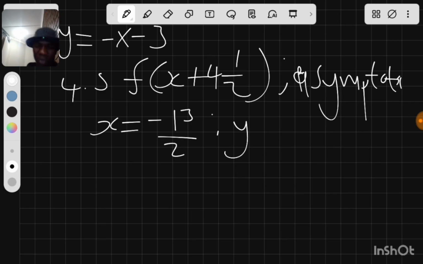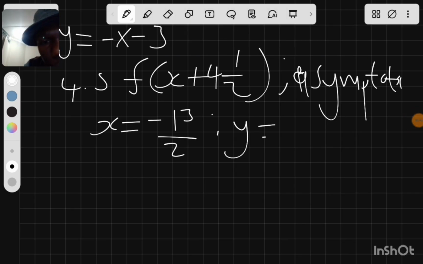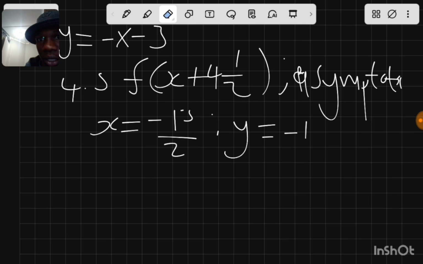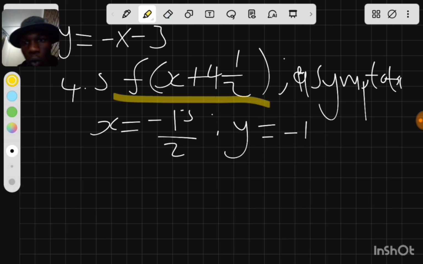I don't think y will have any effect. y is going to be minus 1, since they didn't affect y, they only affected x from the f of x, nothing else.